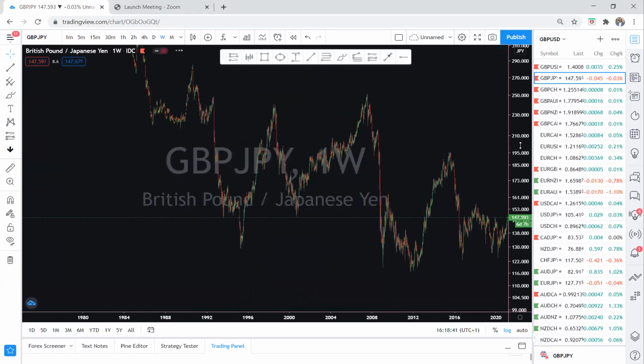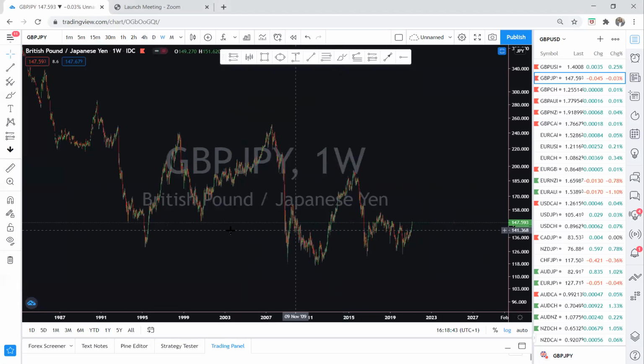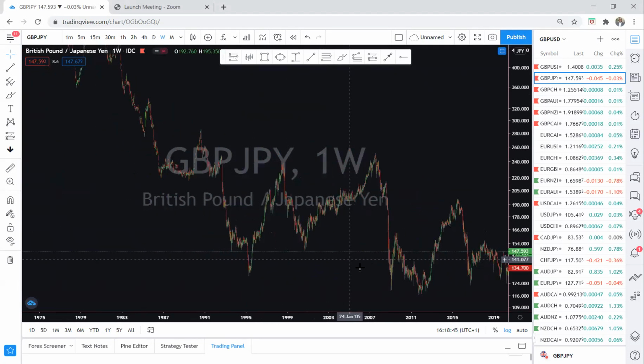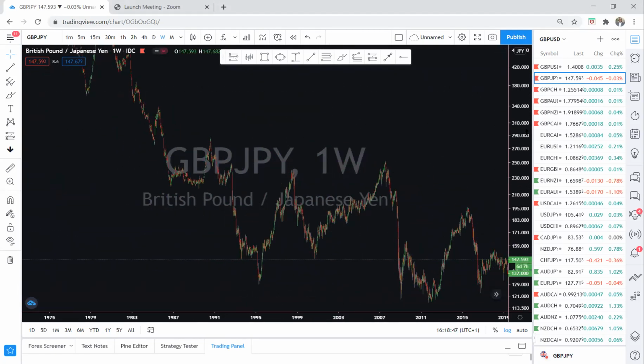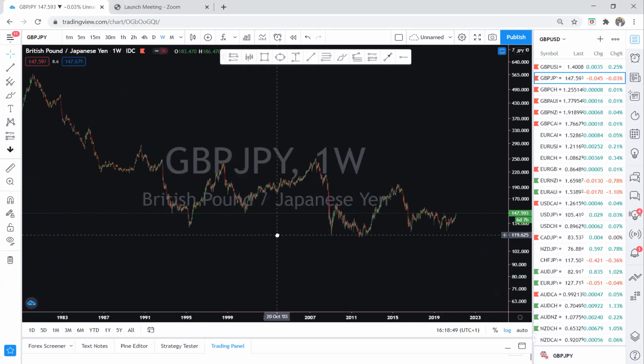If you look at GBP JPY, it's making a beautiful move. We have spotted it on the weekly time frame. You will notice that it has a beautiful move to the downside.